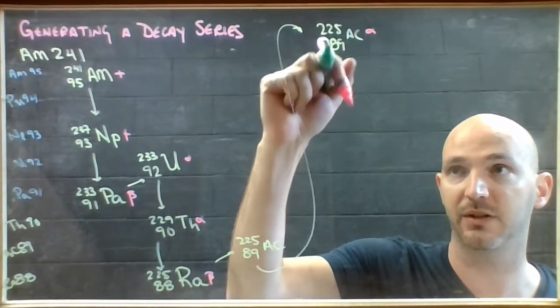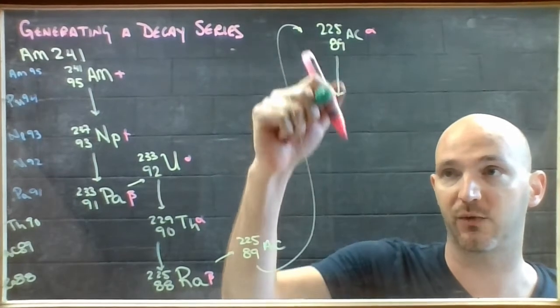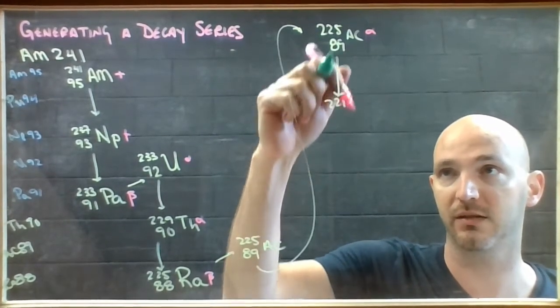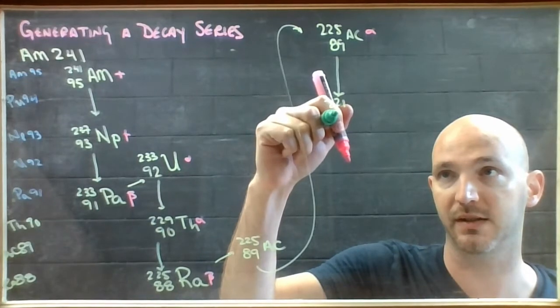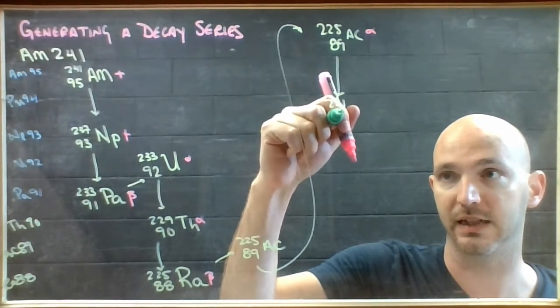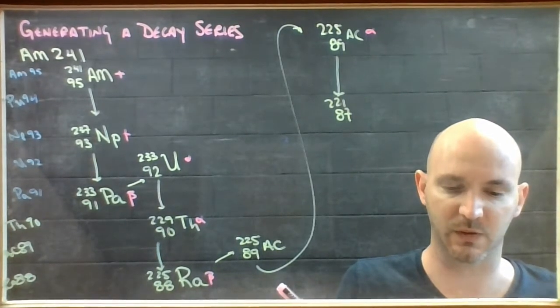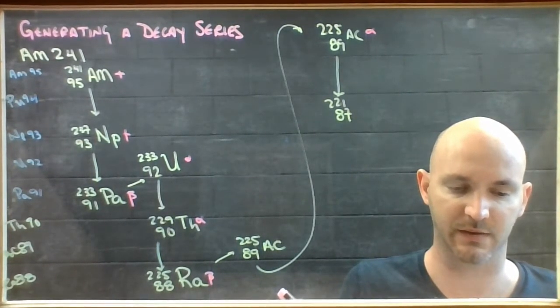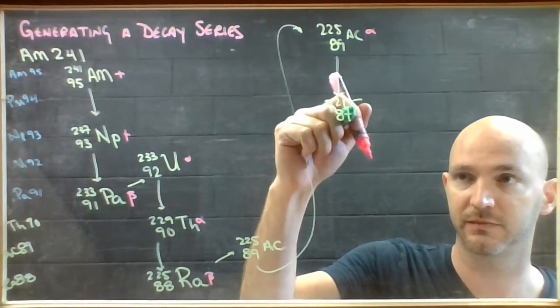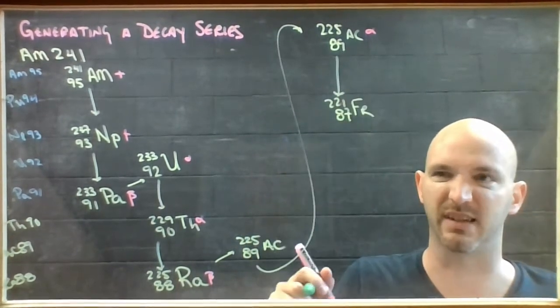That's an alpha emitter. Shed 4 particles, I'd be at 221. 2 of those are protons. I'm at 87. Anything with 87 protons is also hard to find. Francium. Probably francium.